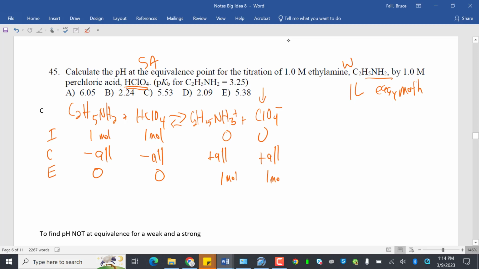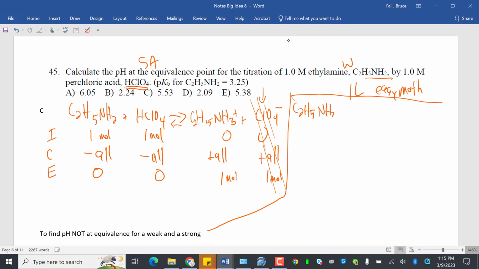Now what's got to happen is it's got to kick back. Okay, so this doesn't do anything because it comes from a strong acid, so I've got to do a kickback with just this. C2H5NH3 positive plus H2O is going to give me C2H5NH2 plus H3O positive.